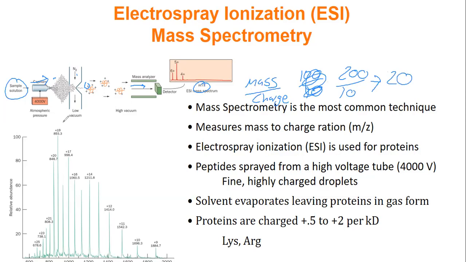And what you do is you plot these peaks, or rather you get these peaks from doing this experiment, where the height of the peak tells you how often we saw this. So for example, the M to Z peak of plus 19 was seen the most. So we scale that to 100, and every other peak, we scale its abundance downwards.